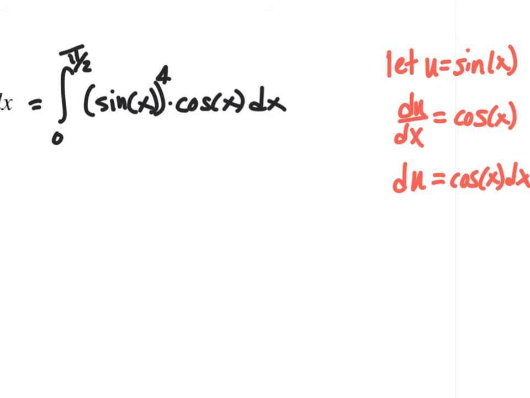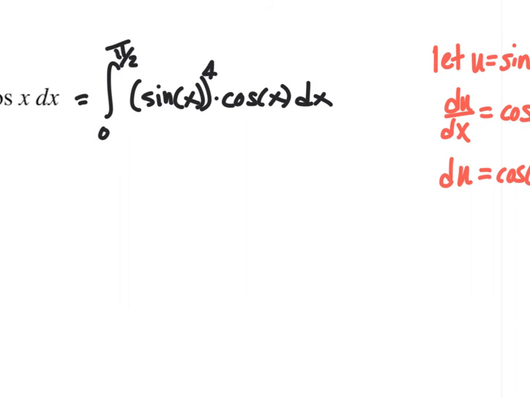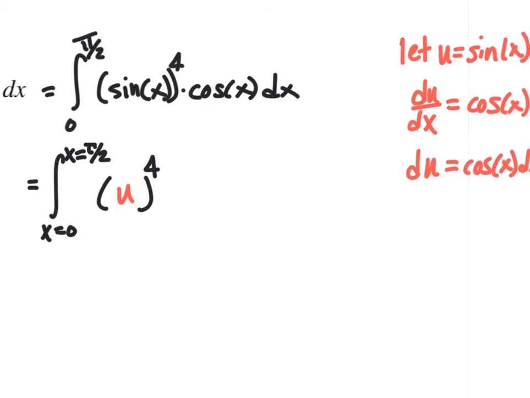So I'm going to come back up here and write my integral. I'm going to do the integral from x equals 0 to x equals pi over 2. And I'm going to substitute in my u, so this is really just u to the 4th, and then whatever I have left, which is just cosine of x dx.